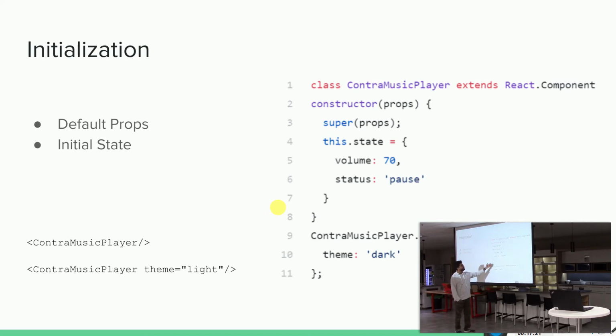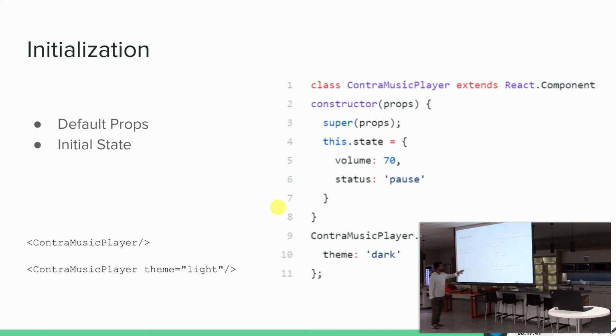In the same way, your component can be dependent on props, which are passed from the parent's parameter, or it can have its own state. To summarize, the default prop theme can be dark, and for state, volume can be 70, status can be pause.